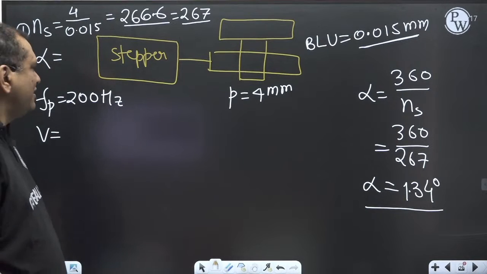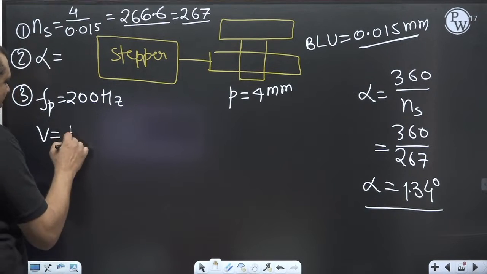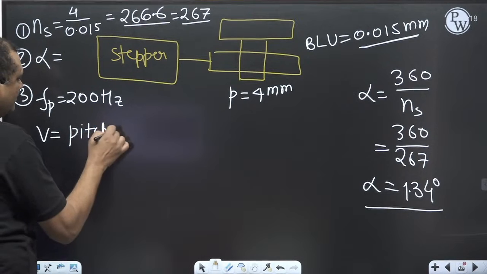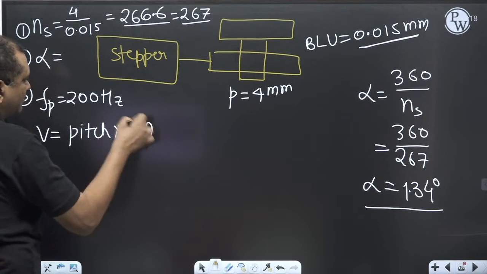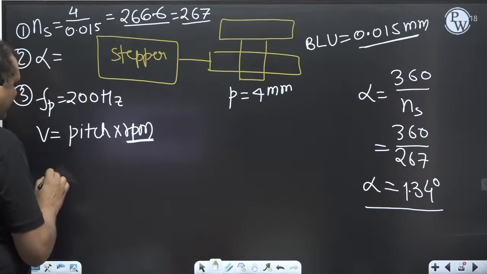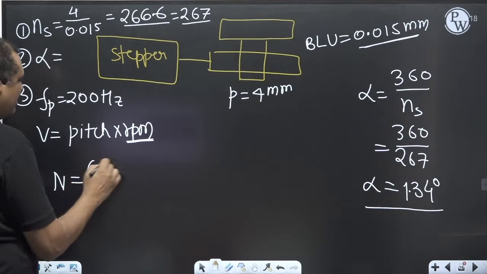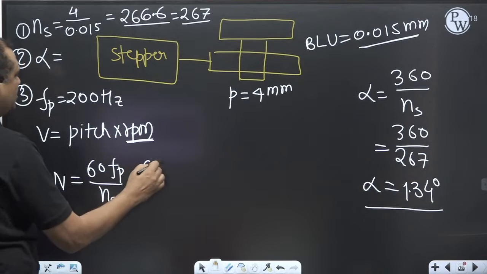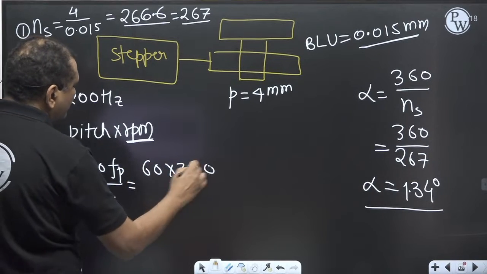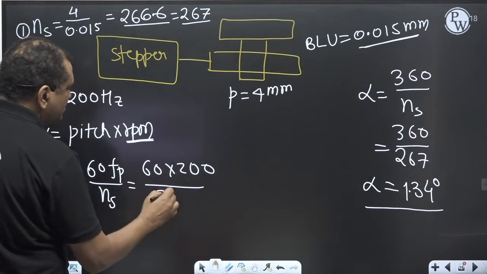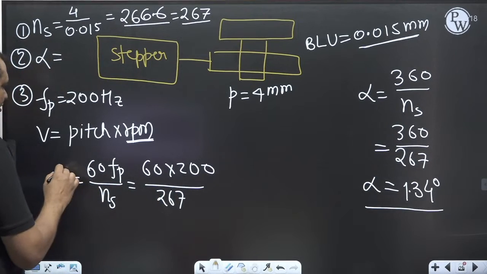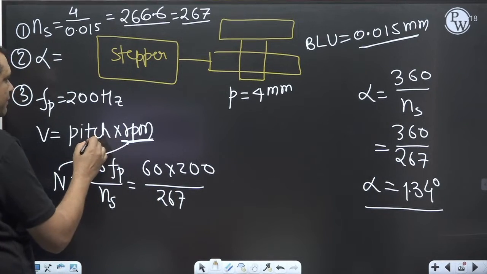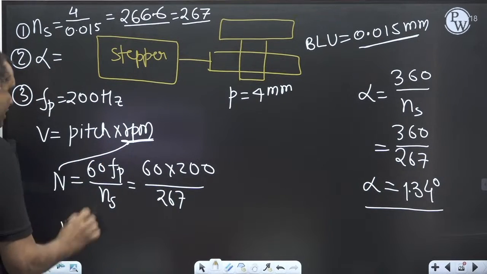Yeah, it's correct answer. So velocity will be pitch into RPM. So we have to calculate RPM. It is nothing but 60 Fp by NS. So 60 Fp means 200, NS is 267. Put the value of N here, pitch is given to you, calculate the velocity.